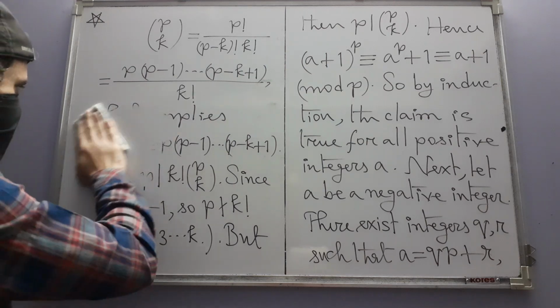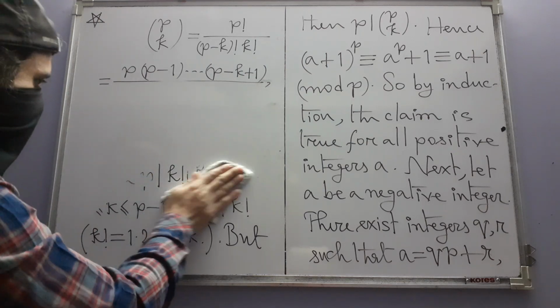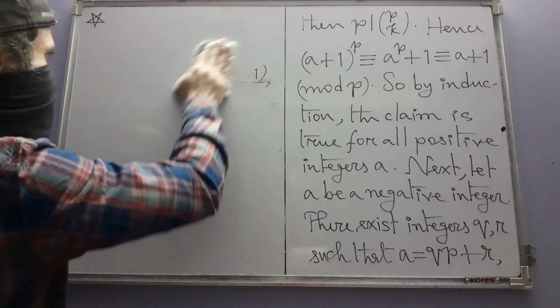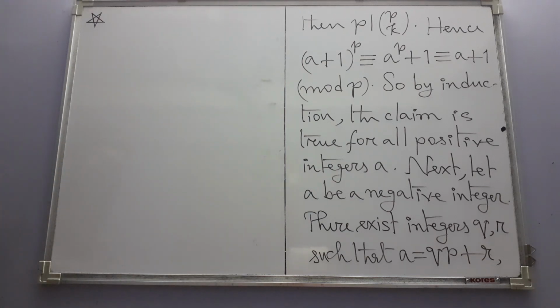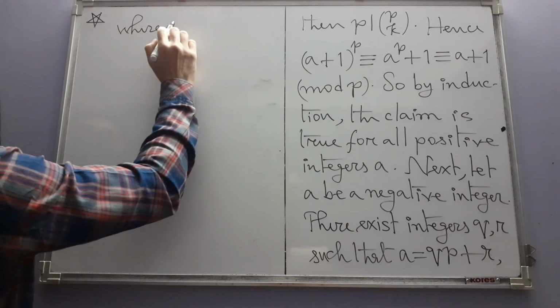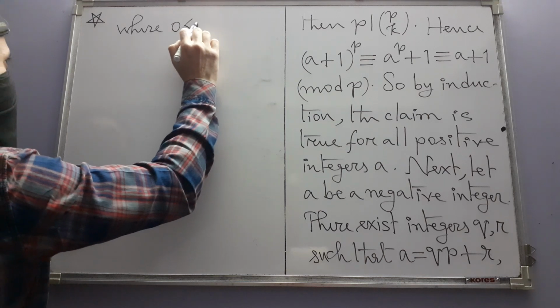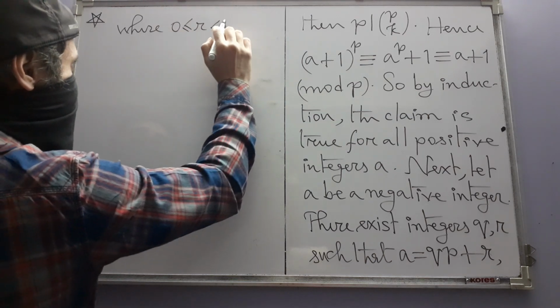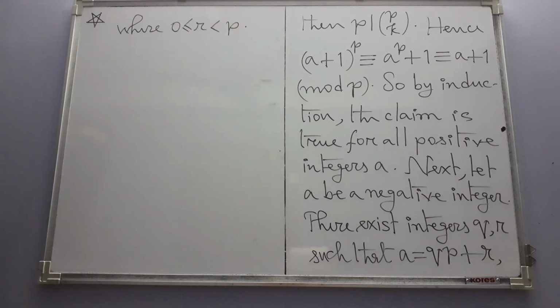And you then have to write what type of number the remainder is, those inequalities, where first of all the remainder is non-negative and then it's also less than the divisor p.